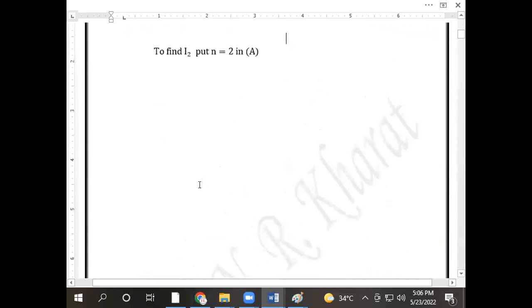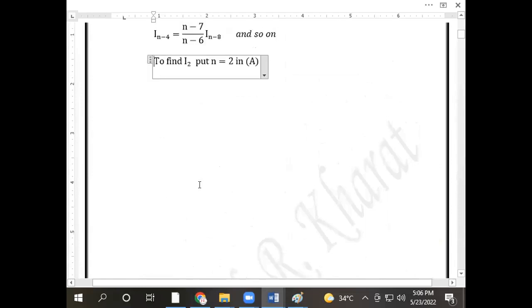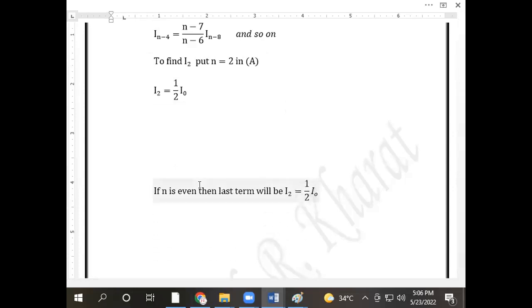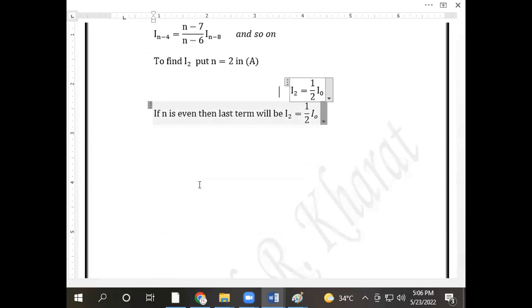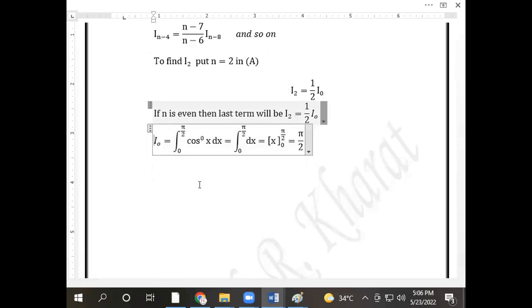To find I2, we replace n is equal to 2. So I2 is 1 by 2 I0. To find I0, replace n equal to 0 in your given integration. So we get the final answer for I0 as pi by 2.